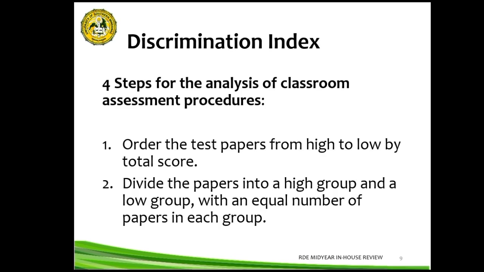Here are the steps for analysis of classroom assessment procedure and how to choose the upper group and lower group. Number 1 is order the test papers from high to low by total score. Number 2 is divide the papers into a high group and a low group with an equal number of papers in each group.